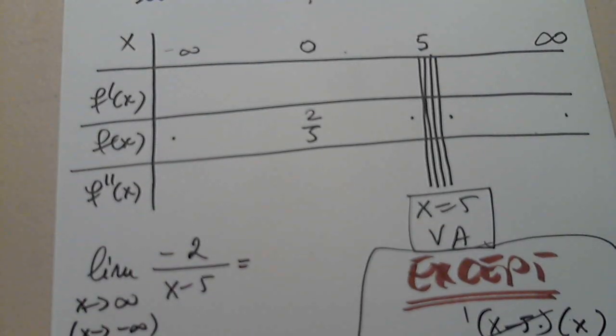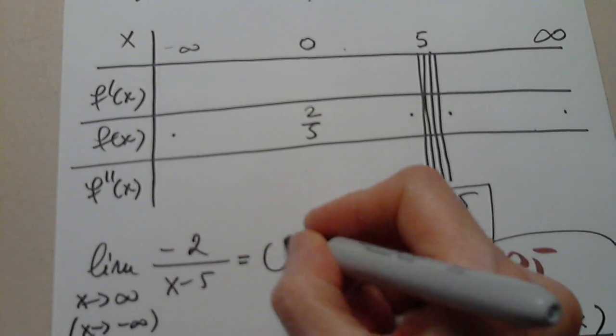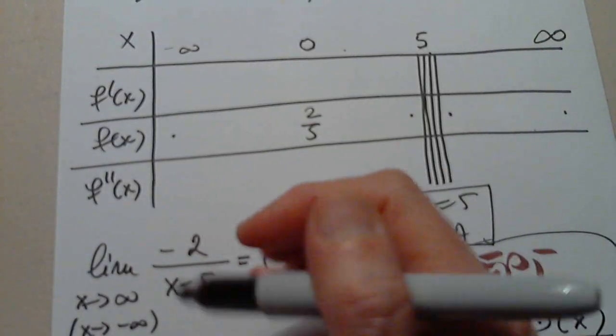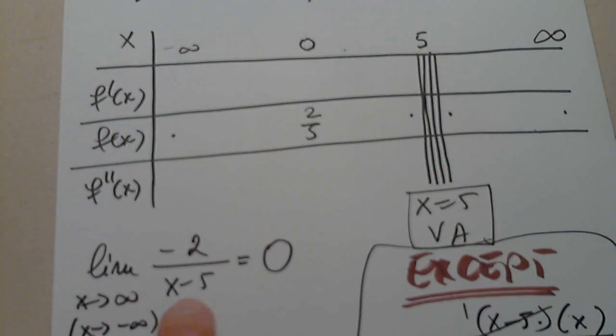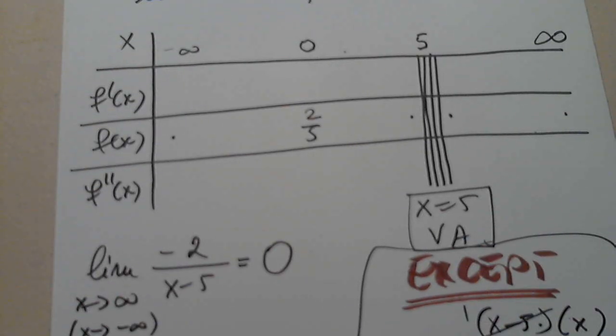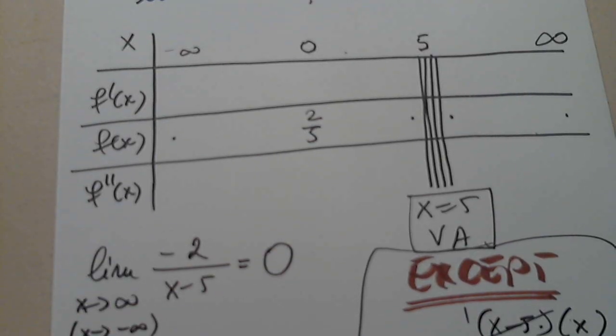Anyone remembers what we did with this? Doesn't it get closer and closer to 0? Absolutely. Thank you very much. Because the numerator is a tiny little thing and the denominator goes to infinity. So small over huge will always approach 0. Thank you.